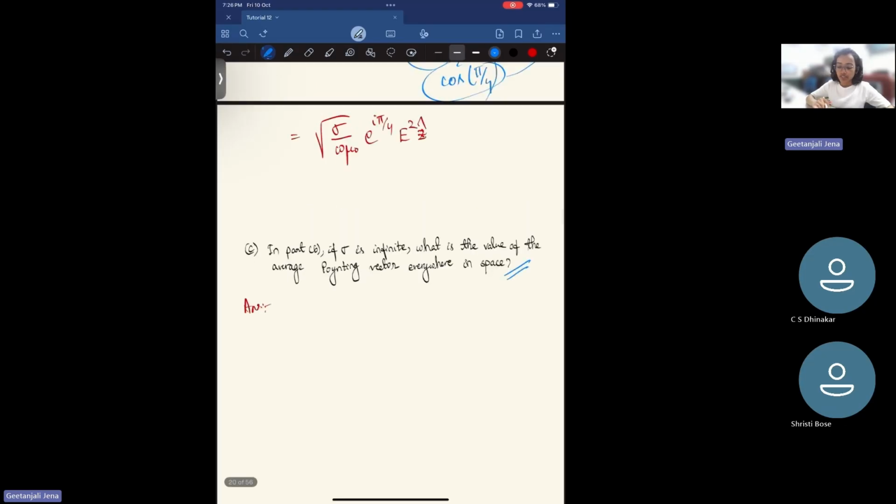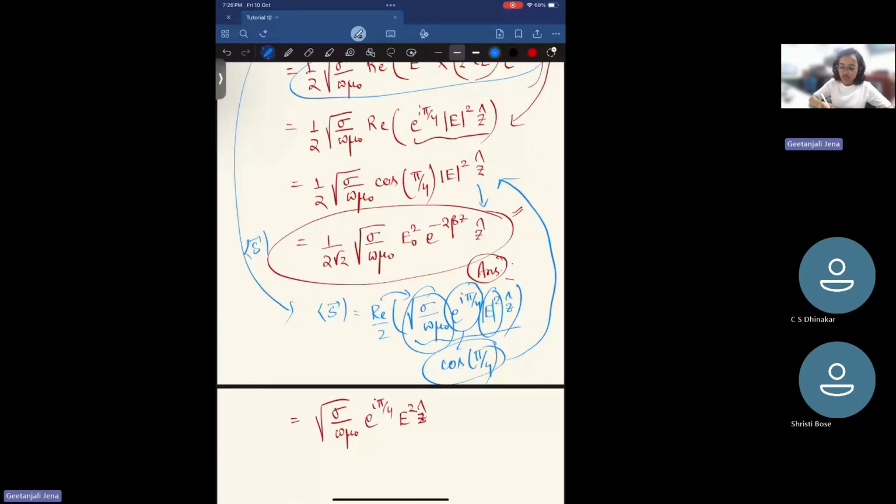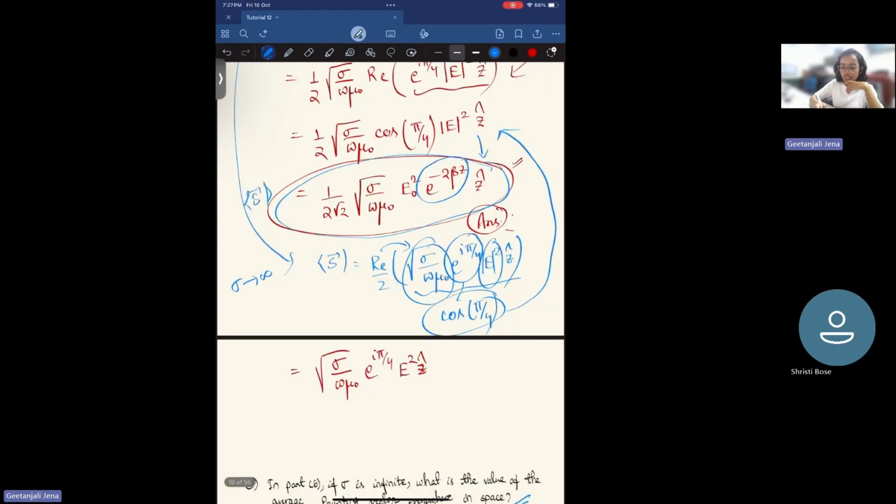What will be the Poynting vector, given the average value of the Poynting vector is this, and you are taking sigma tending to infinity. So when sigma is infinity, what is the dependency of S on sigma?